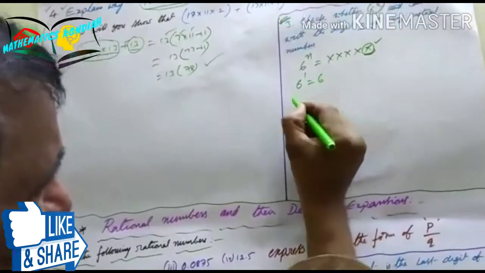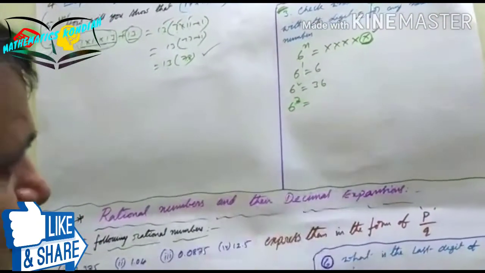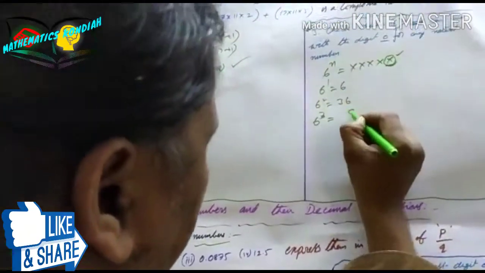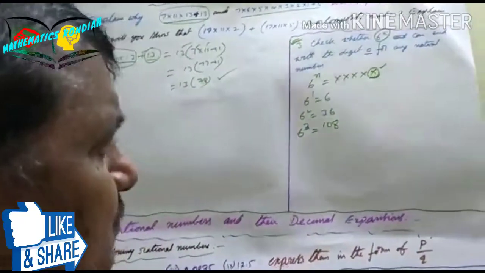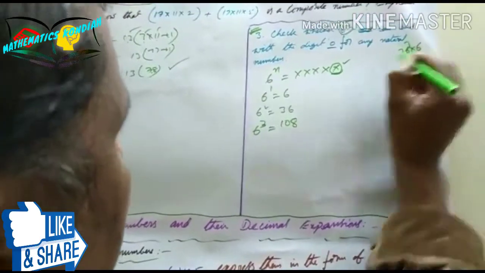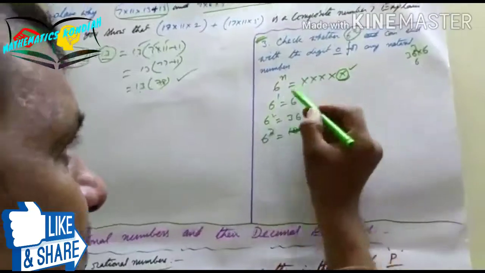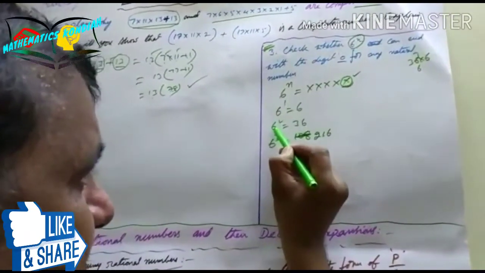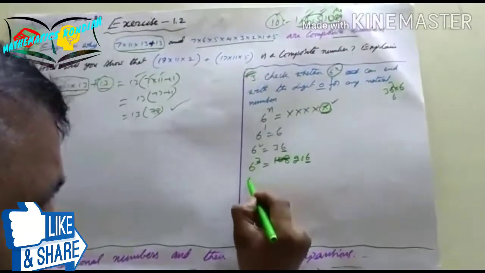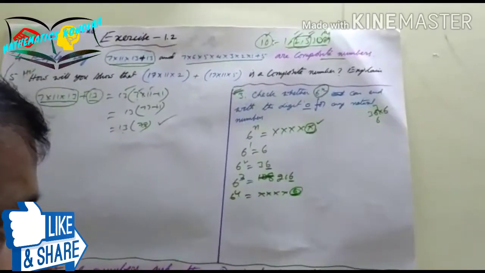6 power 1 is 6. 6 power 2 is 36. 6 power 3 is 216. 6 squared, 6 cubed, 6 power 4, in every case the unit digit place is 6.